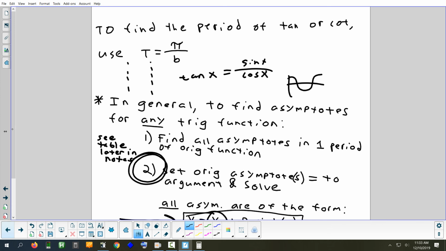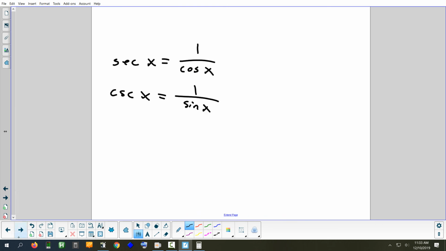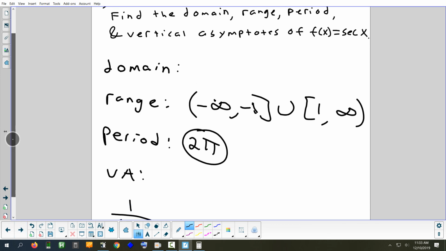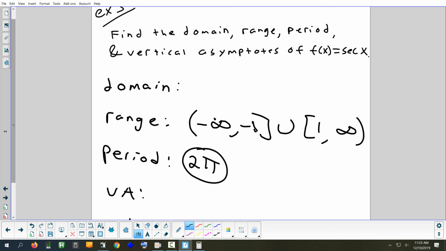So, in terms of setting the original asymptote equal to the argument and solving, I can do that, but watch what happens. What's the argument in that problem? X. Right? So the argument is what you're plugging into the secant function.